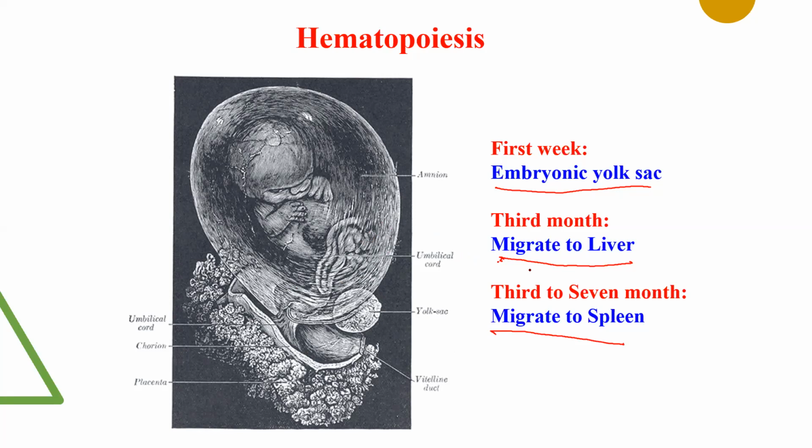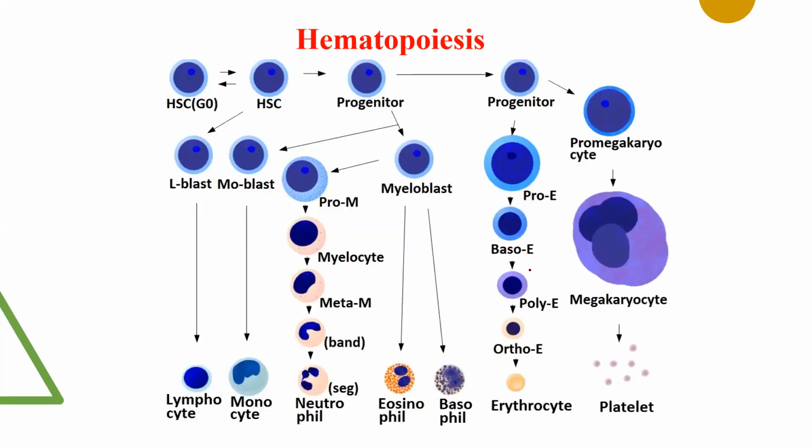So hematopoiesis has started much earlier during development. We have hematopoietic stem cells, which give rise to hematopoietic progenitor cells, and these progenitors will differentiate into different lineages.